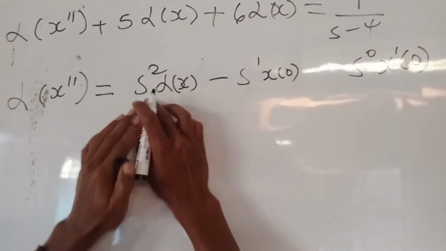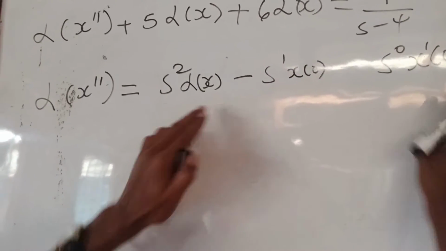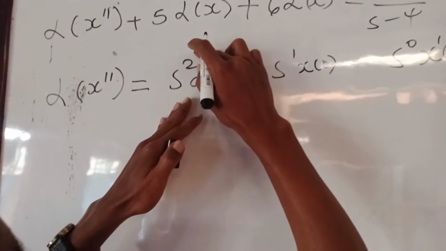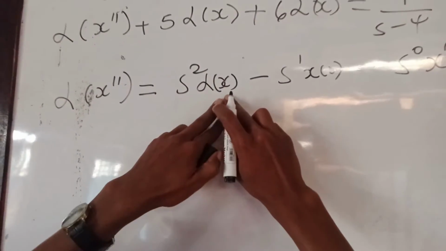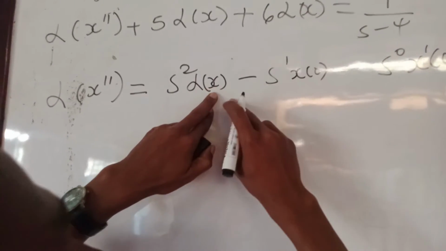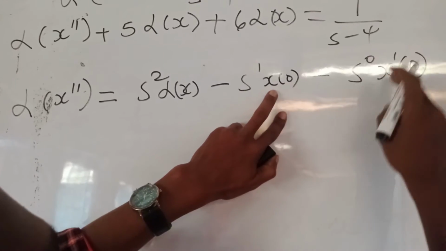But now s reduces, x increases. Hope you get that point. Our s decreases in power, in the exponential powers, and our x goes while increasing. So this is x power 1, this is x power 0, this is x power 1.